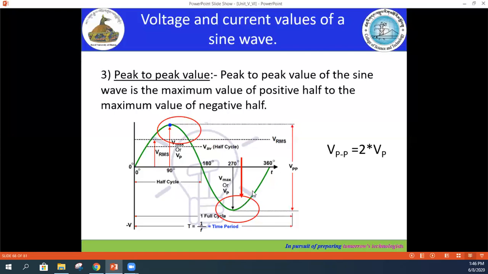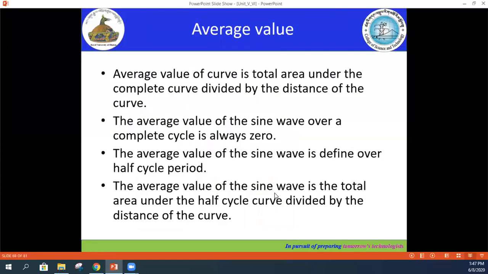Now in order to find the average value for the AC signal, we have to consider only a half cycle. Either we take it from 0 to 180 or from 180 to 360 degree, or you can just take 0 to T or T to 2T. We're going to take only a half cycle and then calculate the average value.